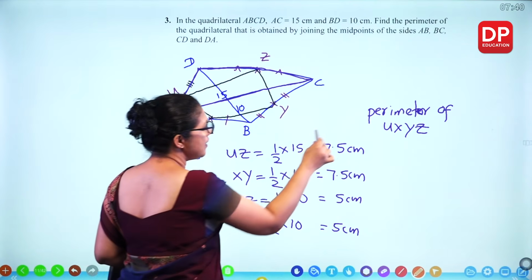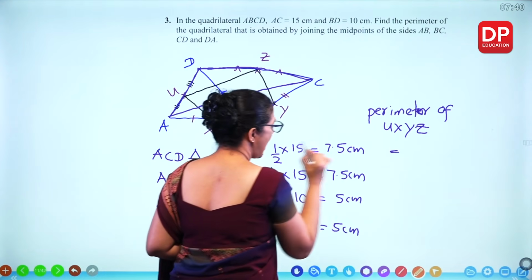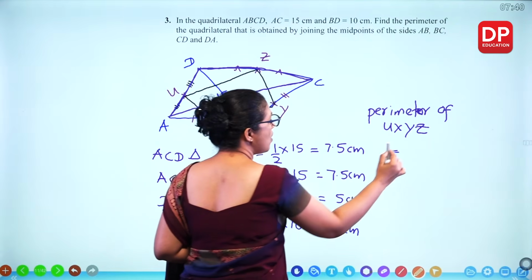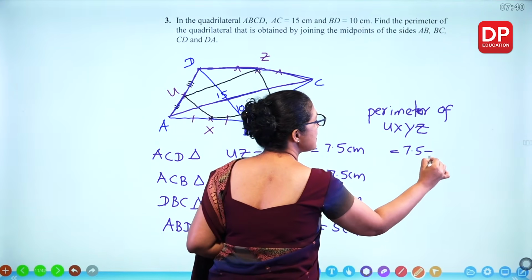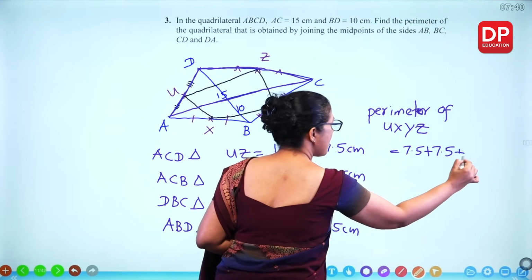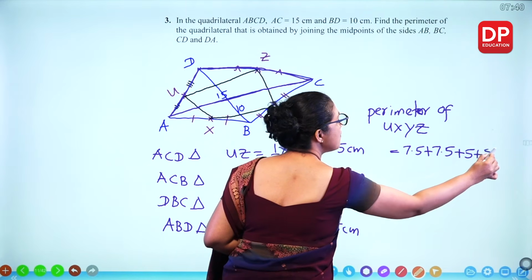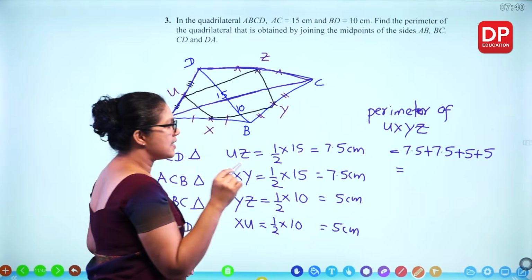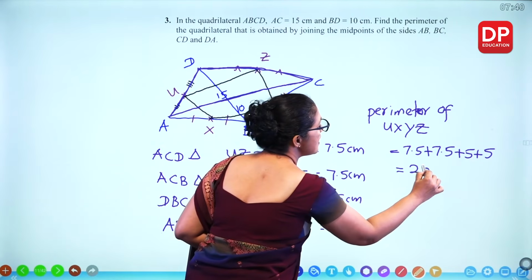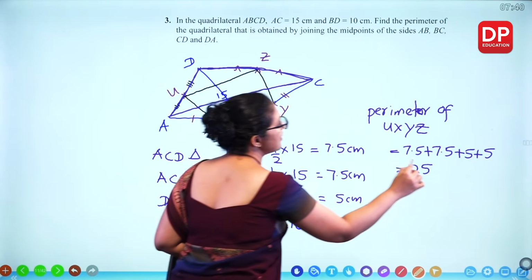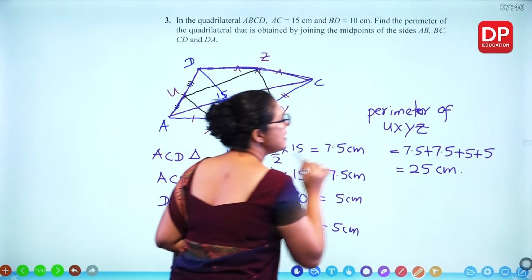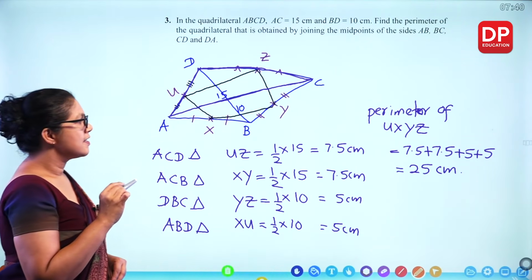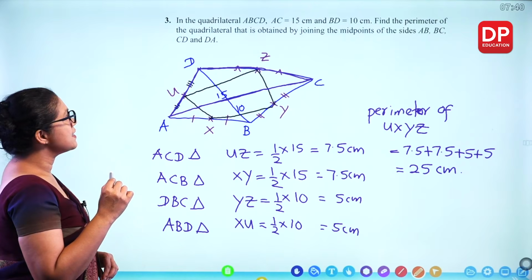Straight away I can add all these lengths: 7.5 plus 7.5 plus 5 and 5, you get 15 plus 10, 25. This is in centimeters, so you write the perimeter also in centimeters. So 25 centimeters.